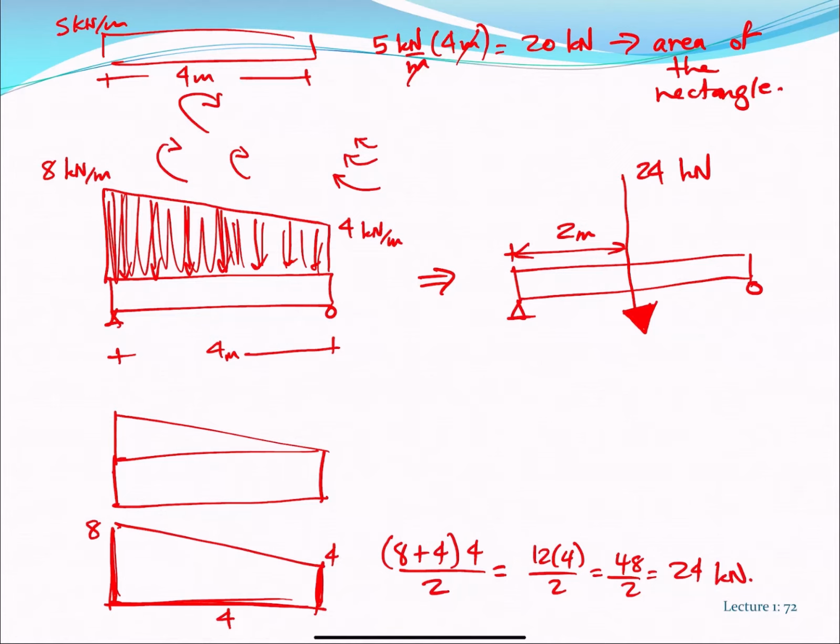What does your intuition tell you? Remember, we have to have the same effects as in the original case. I think you would agree with me that most likely the resultant force will be a little bit towards the heavy side.